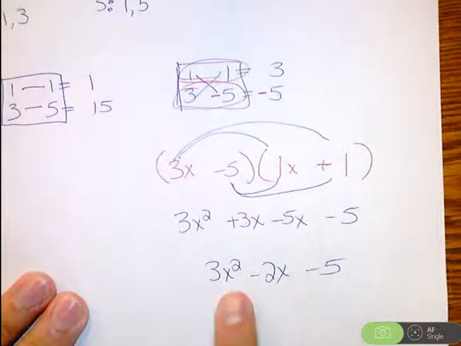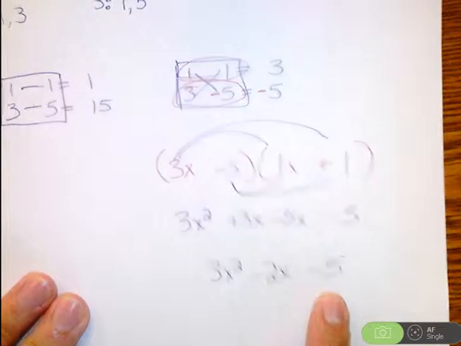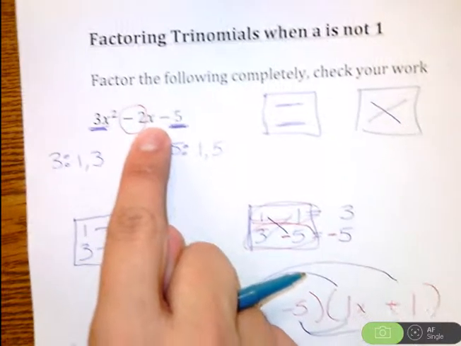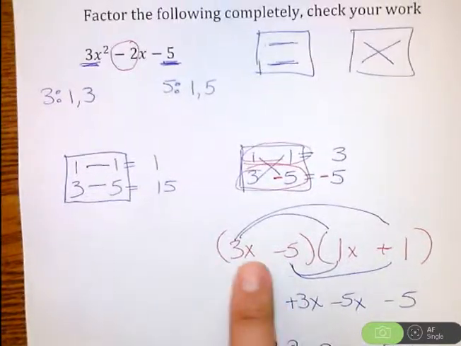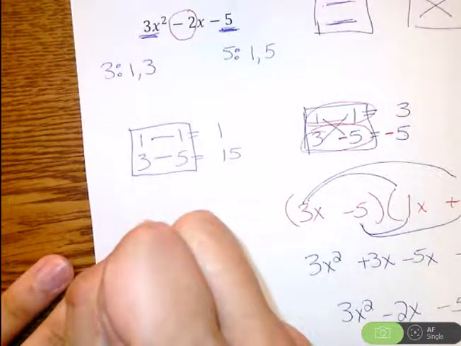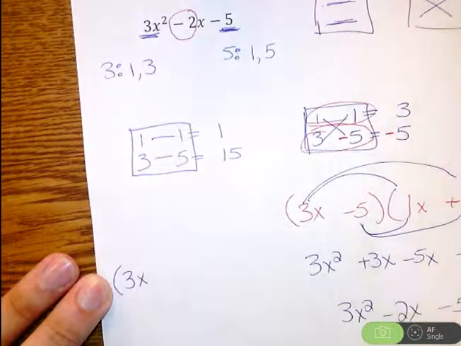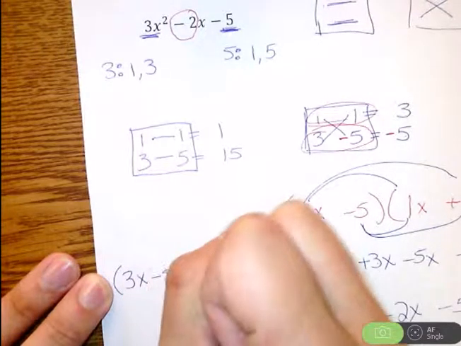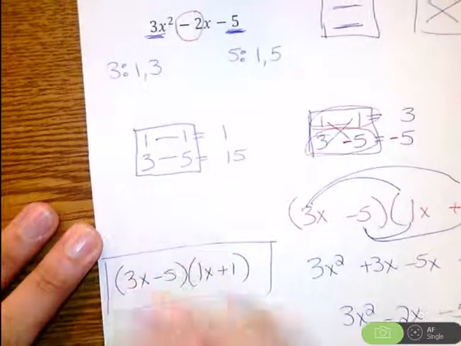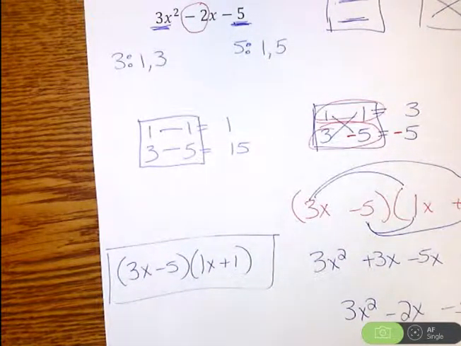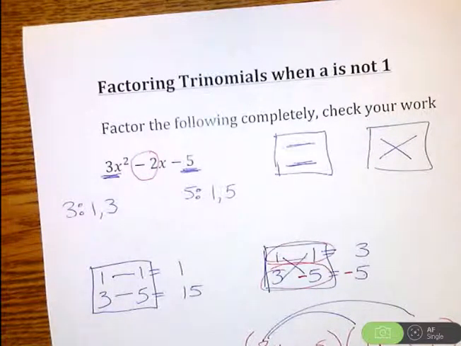And now if you check and you did everything right, this is the exact same as my original problem. Therefore, I know my answer here is correct. So I'm going to write this without all that writing over it: 3x minus 5 and 1x plus 1. That is my answer. And that is factoring trinomials when a is not 1 using the box method.